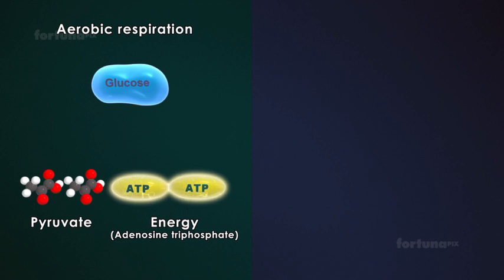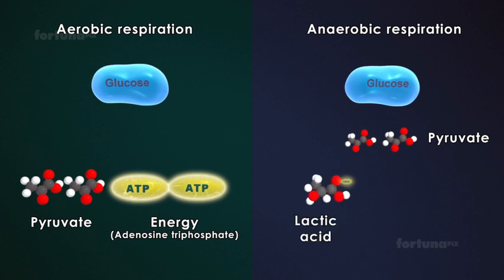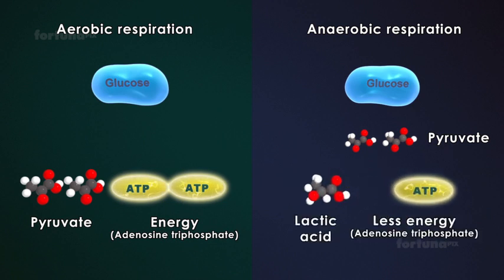However, in the absence of oxygen, the muscles will partially break down the glucose, convert the pyruvate into lactic acid, and release less energy, about 5% of the energy released by aerobic respiration.